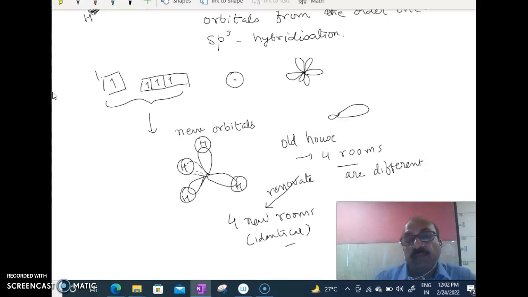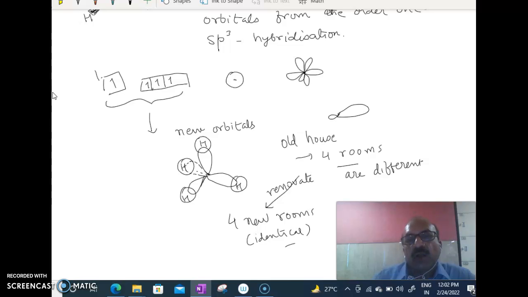This can be easily understood by considering that new kinds of electrostatic forces of attraction are developing between the carbon and the 4 hydrogen atoms. So the electron distribution which was present in the carbon when it was in the uncombined state, and the new distribution of electrons around carbon when it has combined with 4 hydrogen atoms, is not expected to be the same.